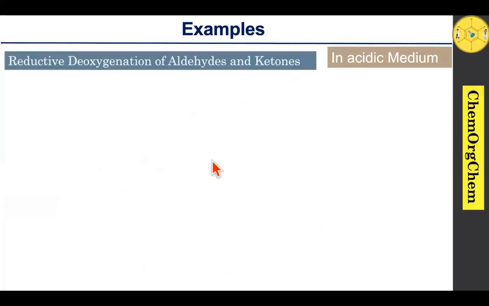So next we move on to the reductive deoxygenation of aldehydes and ketones. In another way, we can say this reaction is a reductive alkylation. According to this reaction, consider either a ketone or an aldehyde, which initially reacts with tosyl hydrazine.